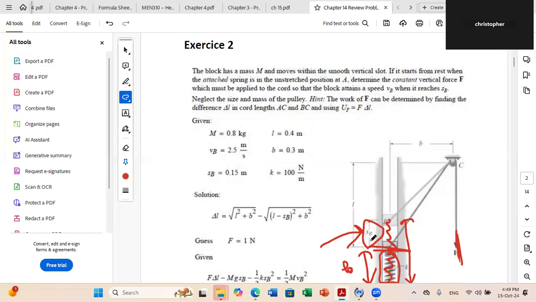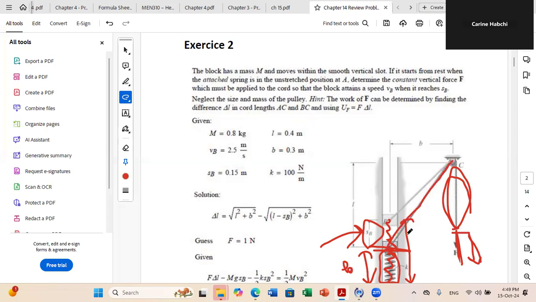If we want to talk about F, the force applied on the cord will cause a vertical displacement. And this vertical displacement is due to the change in the length of this part of the cord. But because the total length of the cord is constant, the increase in length of this part is equal to the reduction in length of this part.